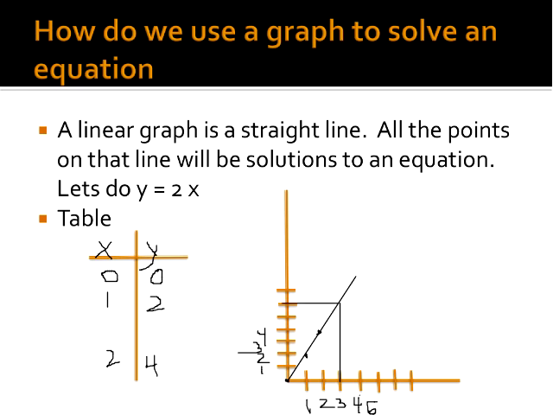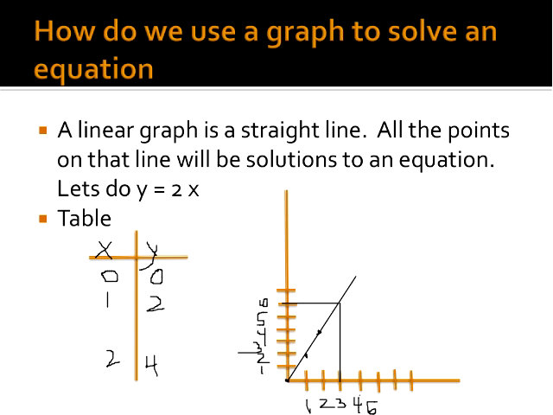So if x is 3, then y would be 6. And sure enough, if we go up, we see that this ends up at 6. So I didn't have to figure out a point on the table for that. All I did for that was draw the graph and then draw the lines across to see what the answer was for x is 3. So you can actually use the graph to figure out solutions.